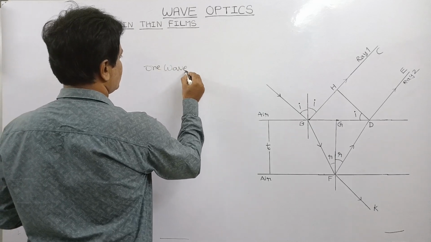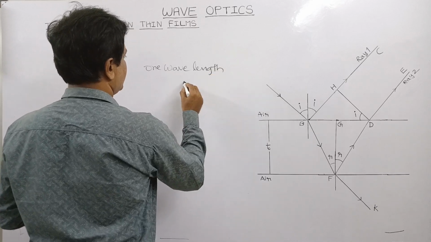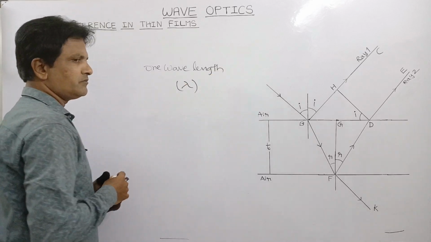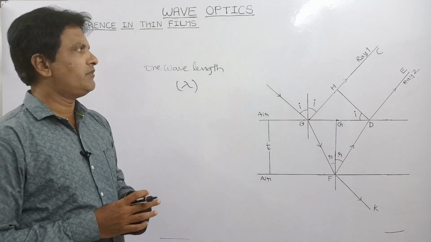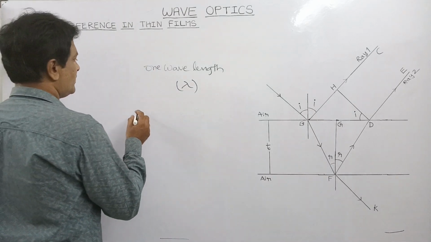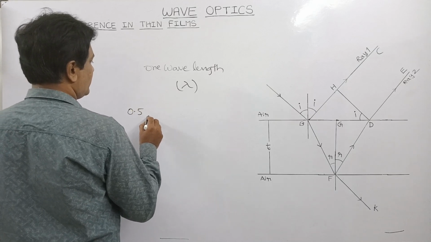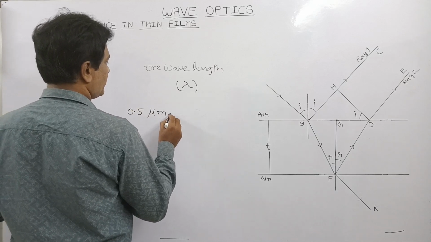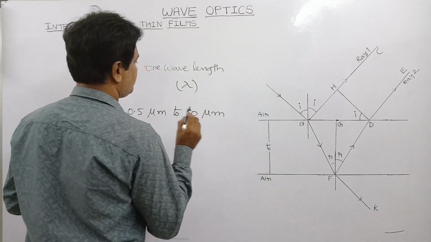of light, that is lambda. Any optical medium of thickness equivalent to one wavelength of light is considered a thin film, and we can also say the thickness will be between 0.5 micrometers and 10 micrometers.